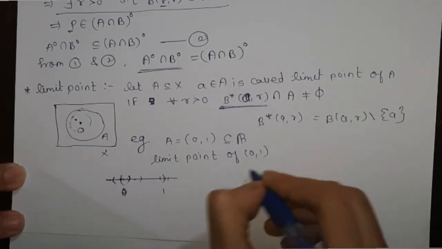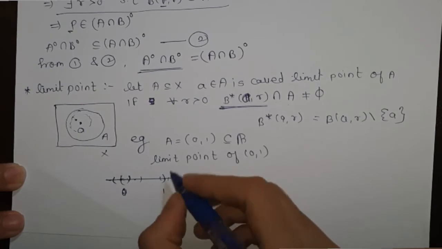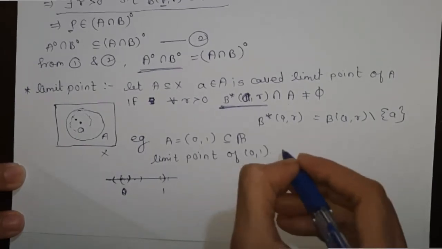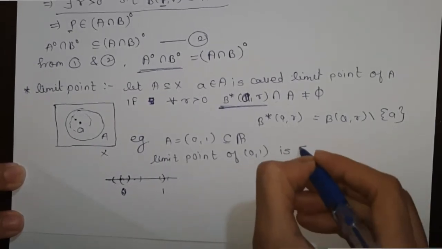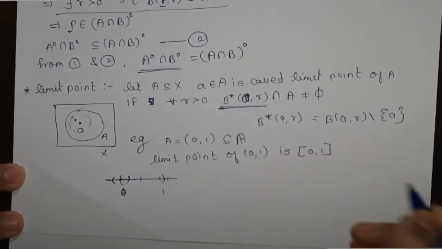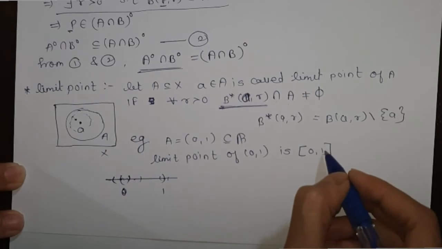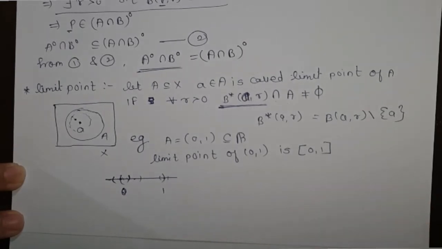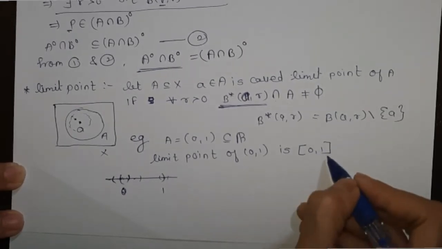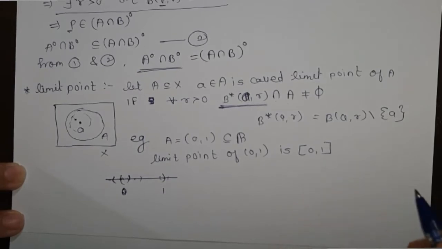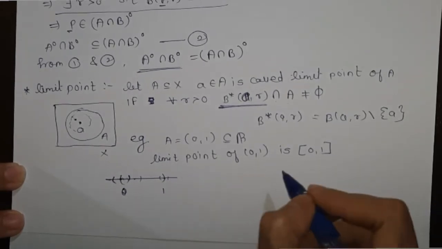So what can we write? The limit points of (0, 1) are the closed interval [0, 1]. The points between 0 and 1 are also limit points, and 0 and 1 are limit points of this set.